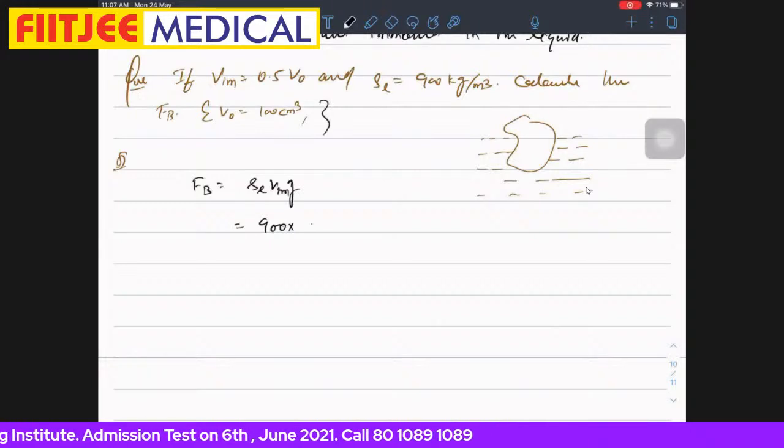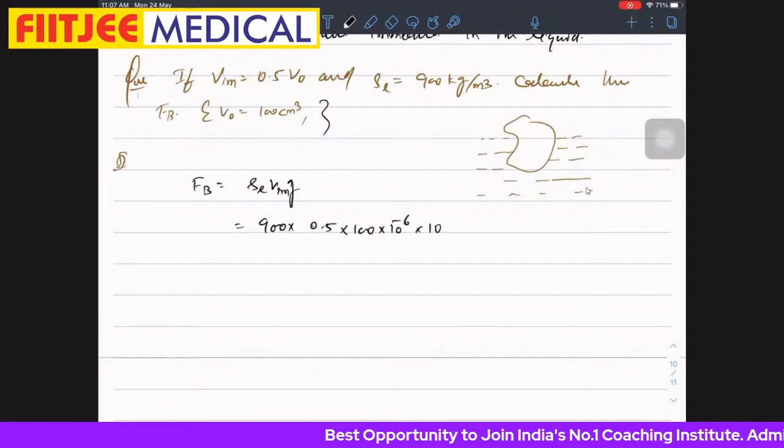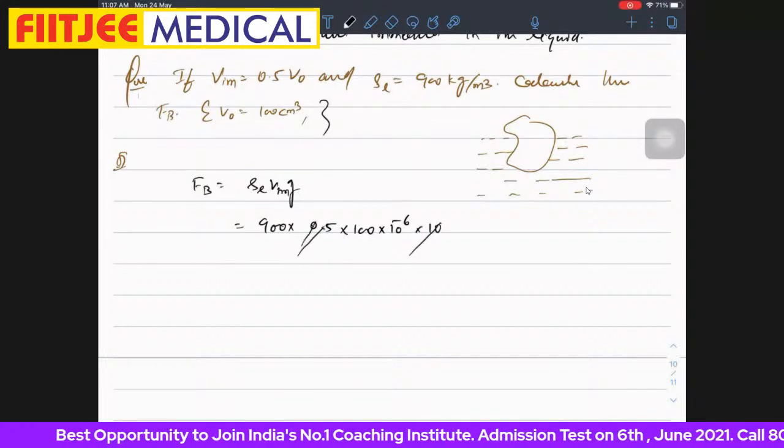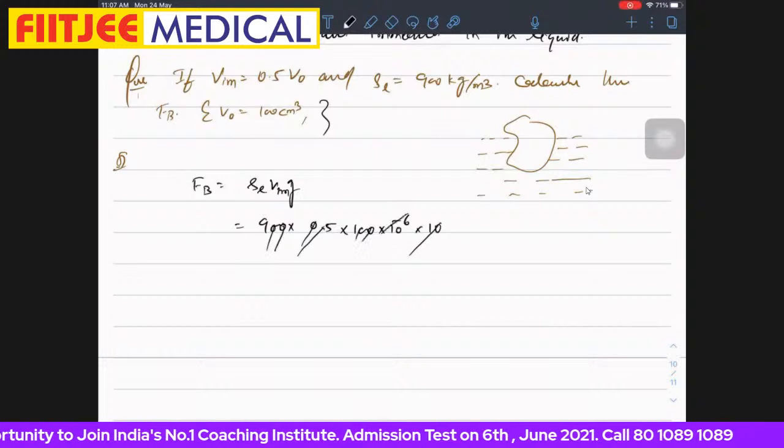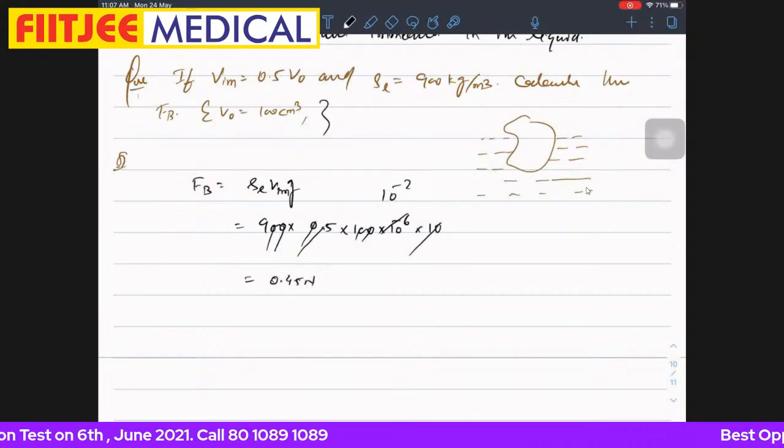So how much can I write? 0.5 into 100 centimeter cube. Convert centimeter cube into meter cube: 10 to the power minus 6 into 10. So these two give 10 to the power minus 2. How much will this come? 0.45 Newton. This is how we are supposed to calculate the buoyancy force.